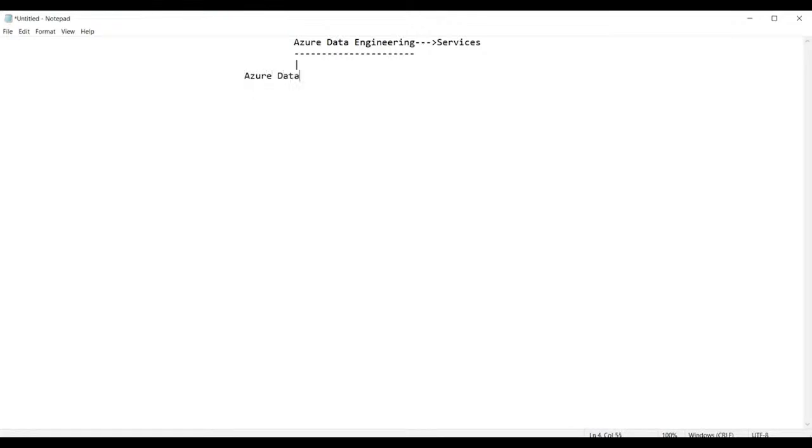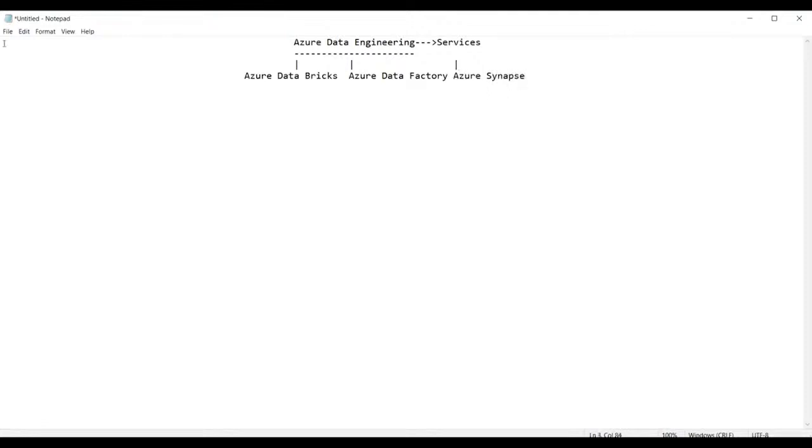Databricks. Azure Databricks. Then we have the next one, Azure Data Factory. And apart from this, we have the next service called Azure Synapse.